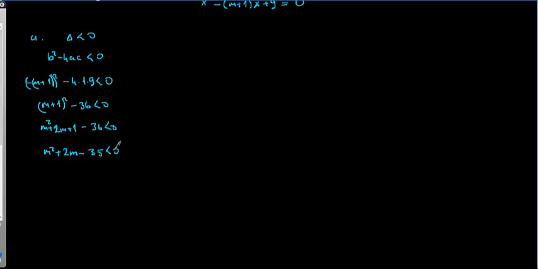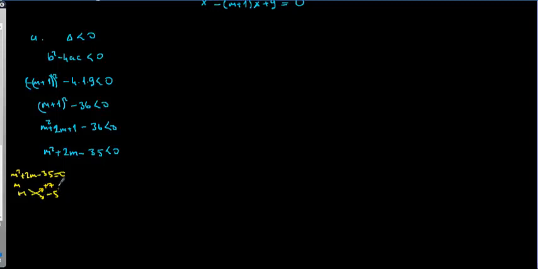This is a quadratic inequality for m, and I need to find firstly the roots of it, which means m squared plus 2m minus 35 is equal to 0. I can factorize this one: plus 7 times minus 5, because 7 minus 5 is equal to 2, and 7 times minus 5 is equal to minus 35. So this factorization is true.